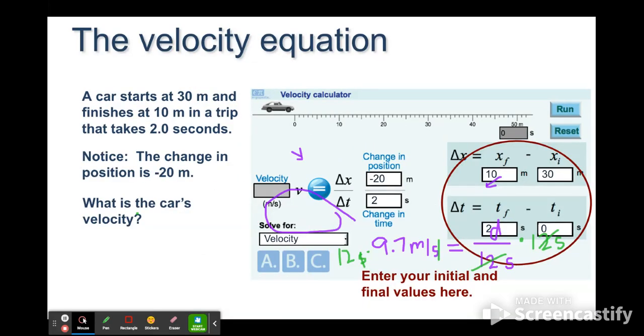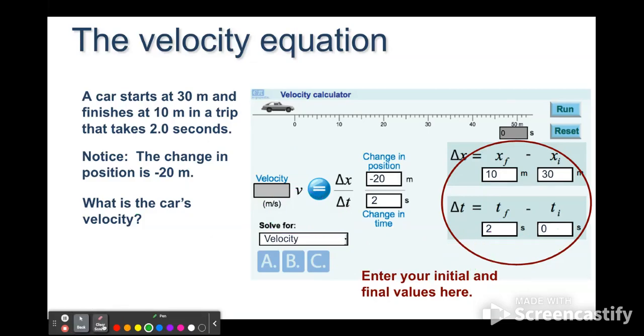Now, velocity is a little bit different because you have a change in position. So you're looking at finding the change in position and the change in time first. This is like your step one. And then you can plug it into the velocity equation and do your step two. So you enter your initial values for finding the change of each of those.